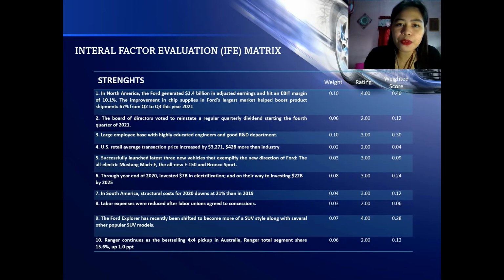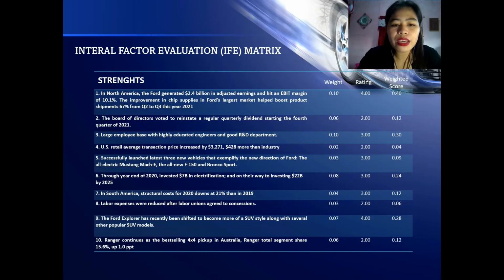Okay, third is the Ford Explorer has recently been shifted to become more of an SUV style along with several other popular SUV models. Based on their past net sales and model sales, they have found out that their SUVs are the most popular product for Ford. In fact, Ford sold more vehicles in the US than anyone else in September 2021.